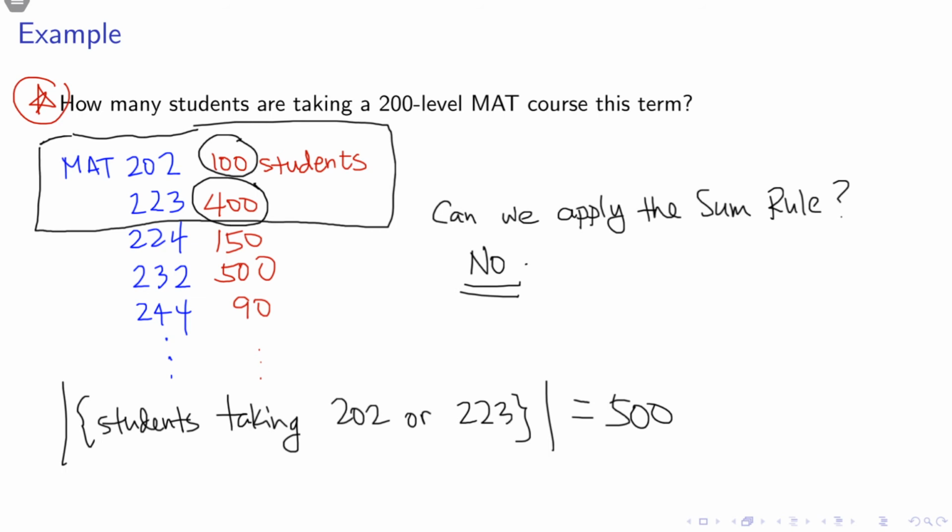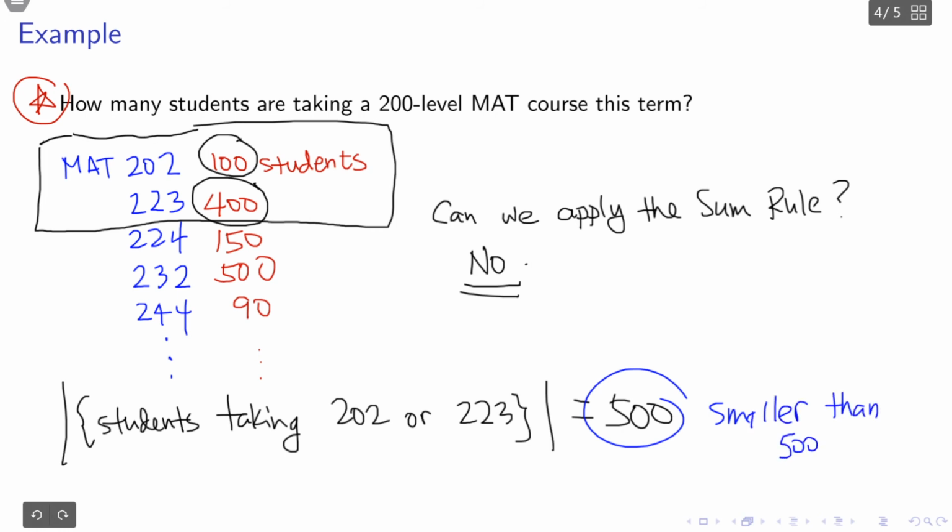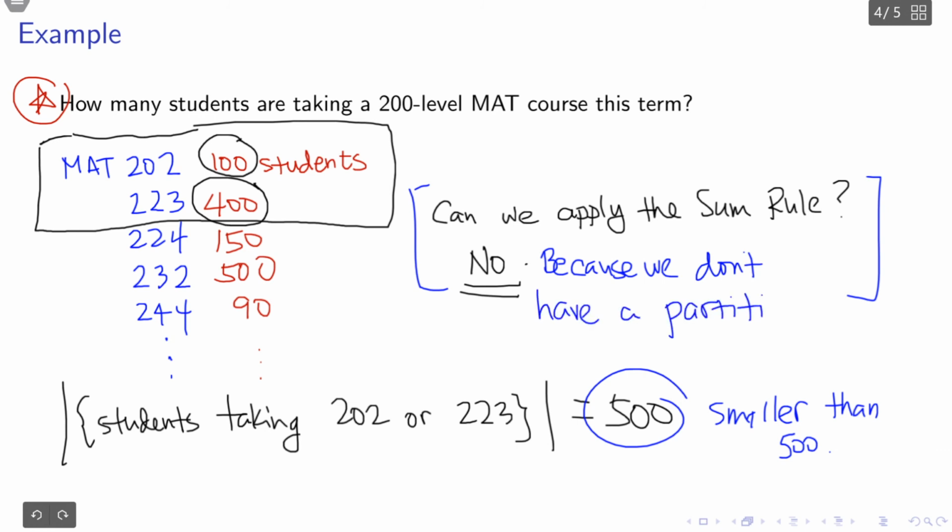They are disjoint sets. But in fact, we know it's highly possible that there may be students in MAT202 who are also taking MAT223 in the same term, this term. So the number of students taking either of those courses is probably smaller than that. And so we cannot apply the sum rule for this particular problem. Exactly because we don't have a partition.